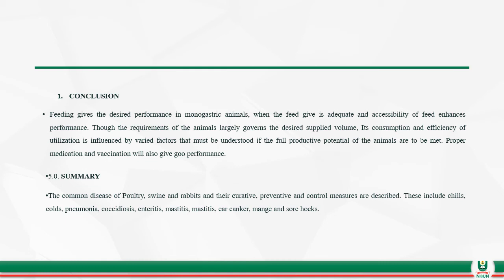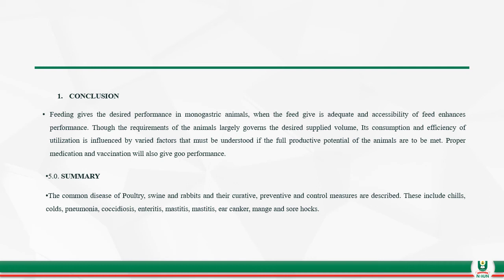By way of conclusion, feeding gives the desired performance in monogastric animals when the feed given is adequate and accessibility of feed enhances performance. Though the requirements of the animals largely govern the desired supplied volume, its consumption and efficiency of utilization is influenced by varied factors that must be understood if the full productive potential of the animal is to be met.